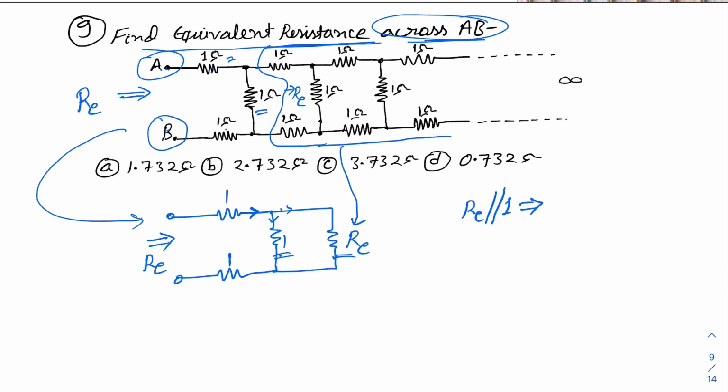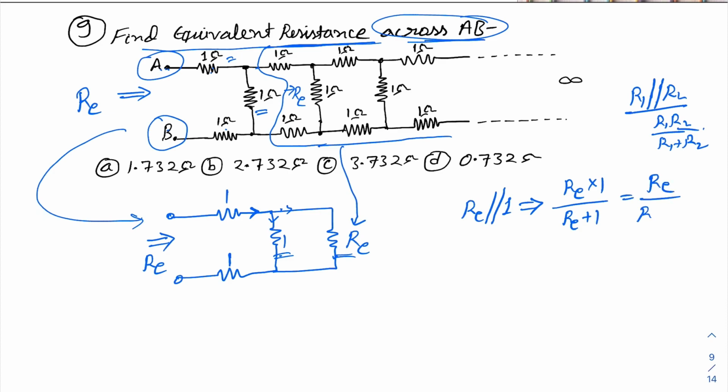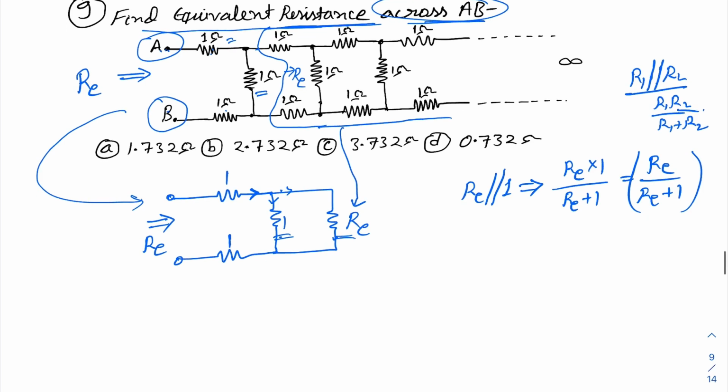If two resistances R1 and R2 are both in parallel, then the equivalent is R1 into R2 divided by R1 plus R2. This is simple. So it will be Re into 1 divided by Re plus 1, so it will be Re upon Re plus 1. This is your equivalent resistance for these two.